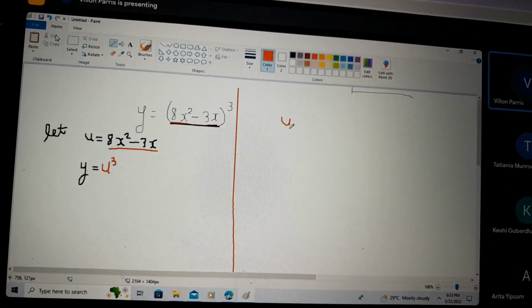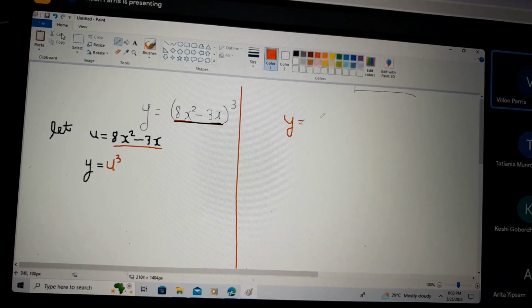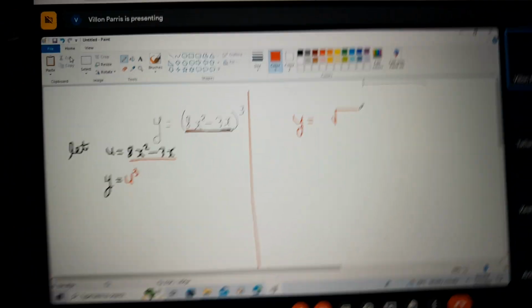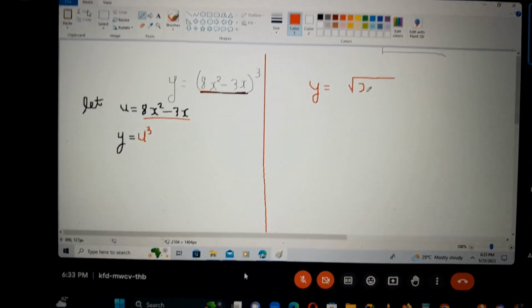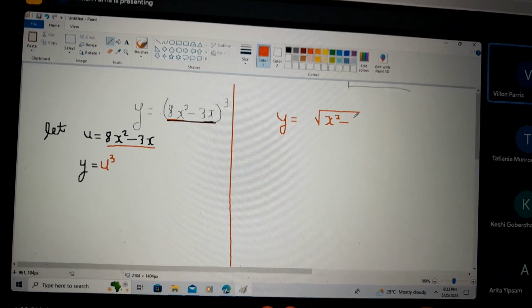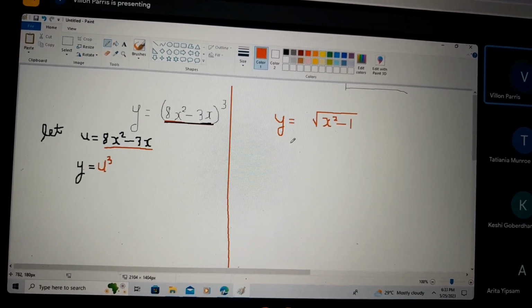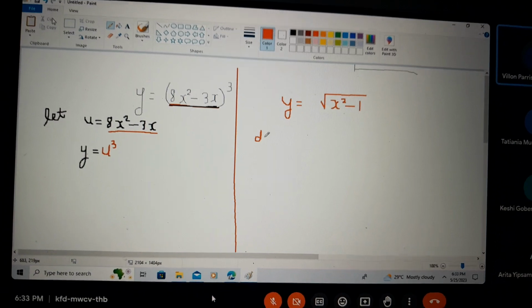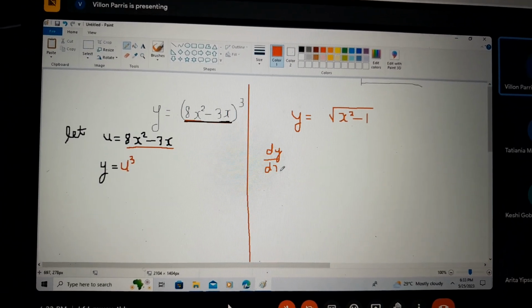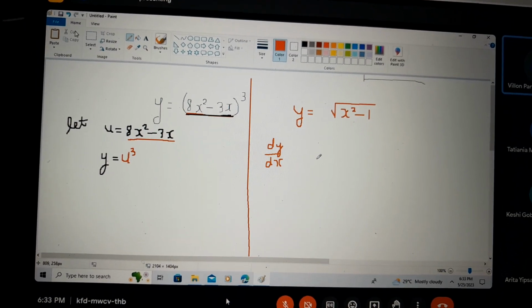So let's say we have a function y is equal to the square root of x squared minus 1, and we're asked to find dy/dx. Now how do we go about doing this?